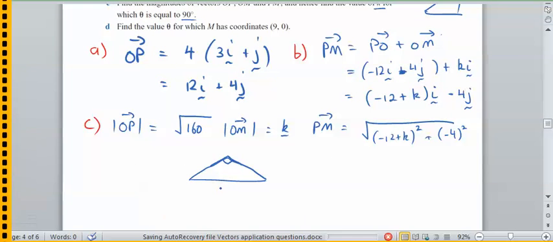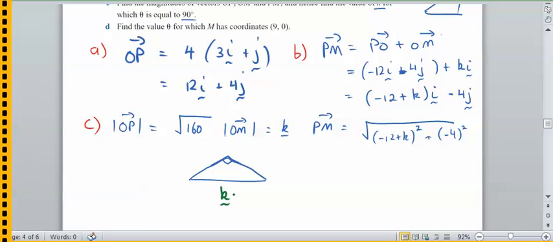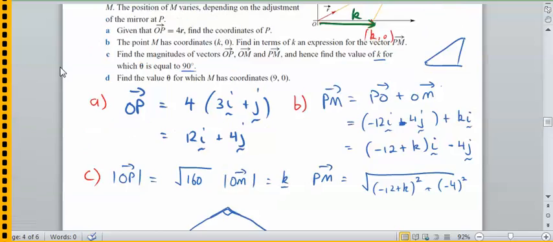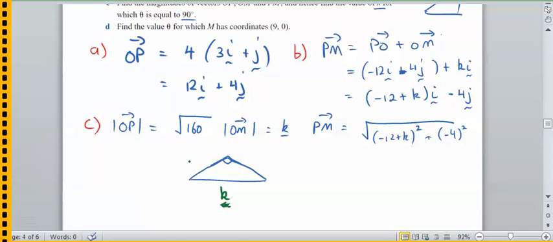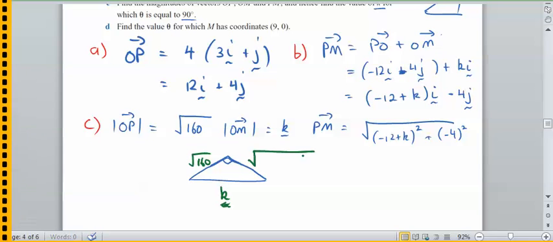Is this k? Good. So the length of that is k, forget about the direction. Over here, which one's OP? The one on the left, so this is the square root of 160. And this is the square root of this.